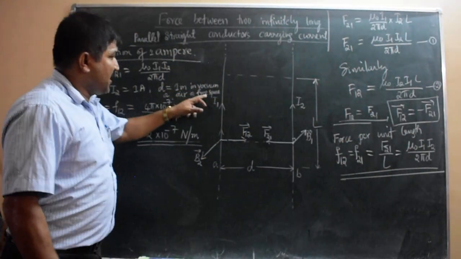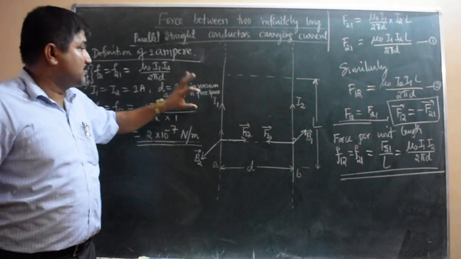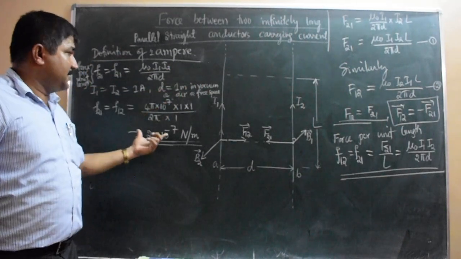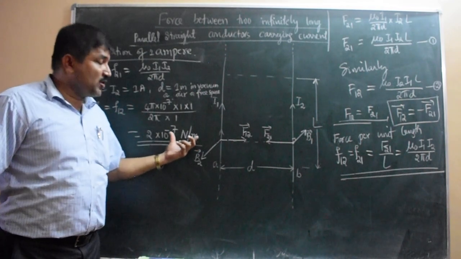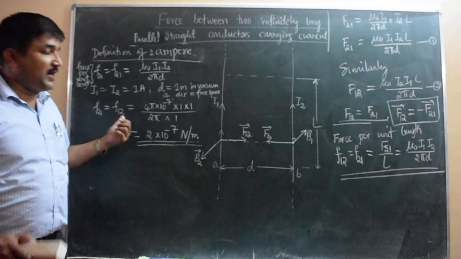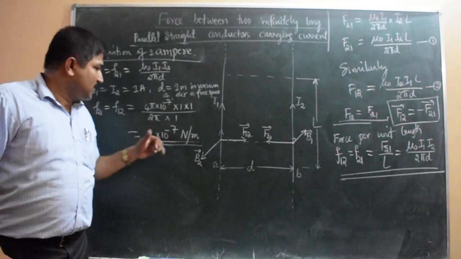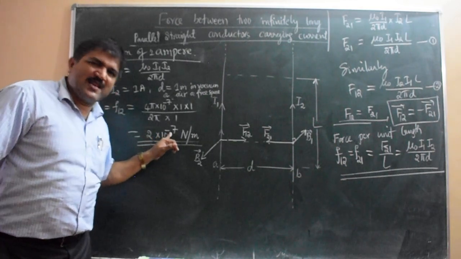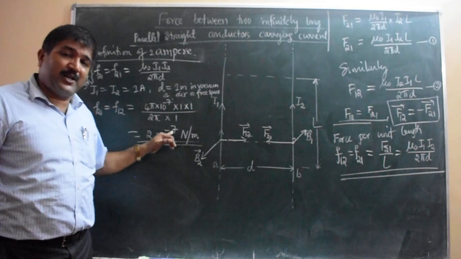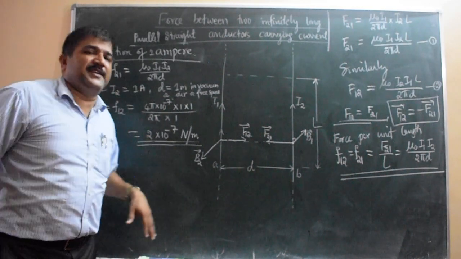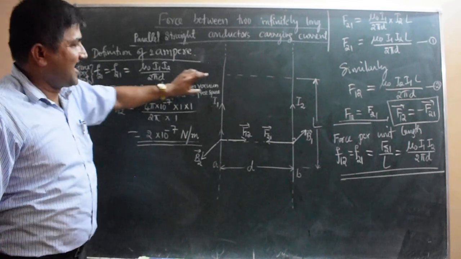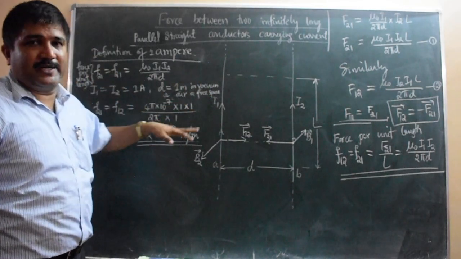Important in the definition: free space or vacuum you compulsorily have to mention, and also Newton per meter, force per unit length. They would experience a force per unit length of 2 into 10 power minus 7 Newton per meter. This minus 7 is also very important. If you don't write this minus, marks will be deducted for the definition. If vacuum is missing in the definition, marks will be deducted.